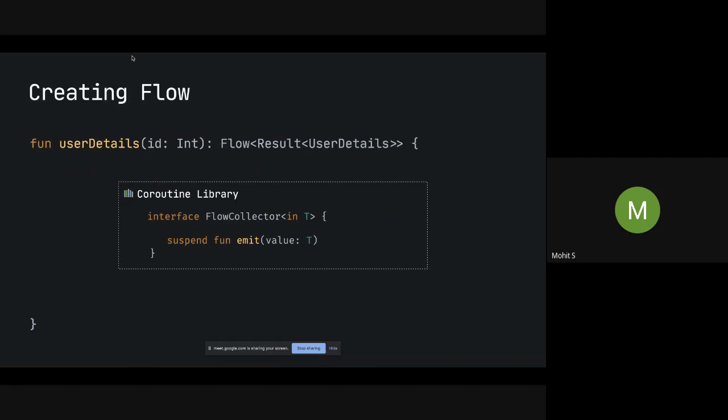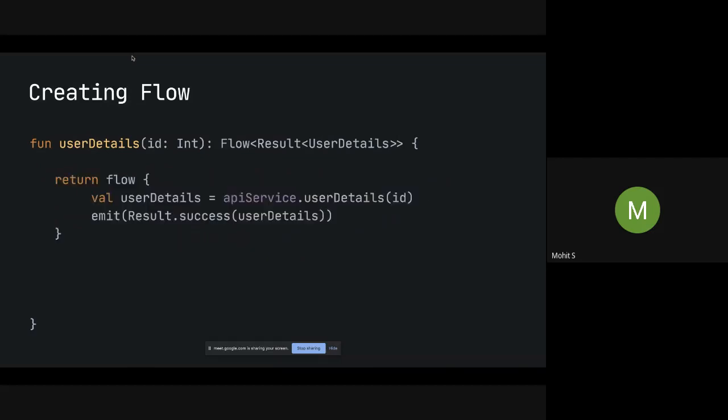I'm going to use that in this repo, and I'm going to say to my API service, get me the user details for some particular ID that I'm passing in, and I get the result back, and I'm going to emit it. Result.success is a method provided by the Result class, and I can wrap my data with it and emit it. So I have right now a flow emitting the result.